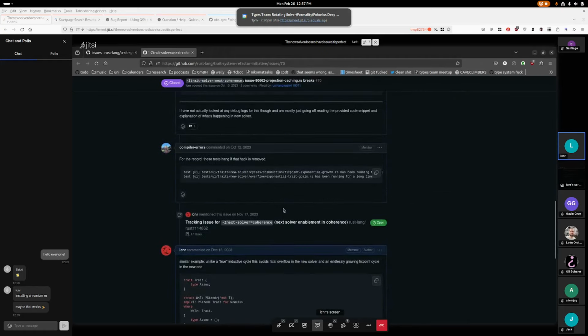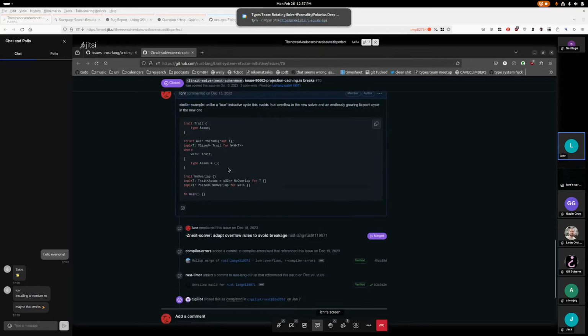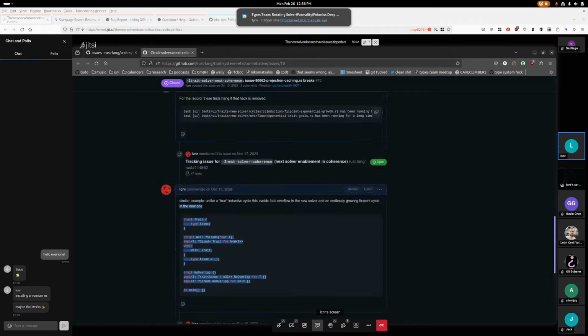But because we do not check nested goals if there's just a single candidate, and we also do that during normalization, we eagerly normalize using that candidate and only prove the where bound of the impl used for normalization later. So even if the where bound were to overflow, if we error because of the normalization before that, we never try to check the where bounds. That's one example where this causes a difference in behavior and we have to handle it.